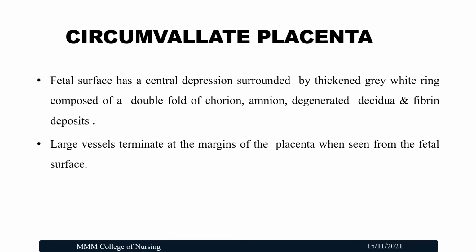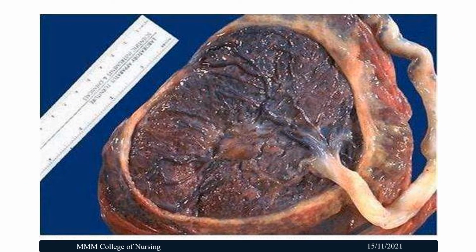The fetal surface has a central depression surrounded by a thickened gray-white ring composed of a double fold of chorion, amnion, degenerated decidua and fibrin deposit. Large vessels terminate at the margins of the placenta when seen from the fetal surface. Looking at this picture, you can see the circumvallate placenta.